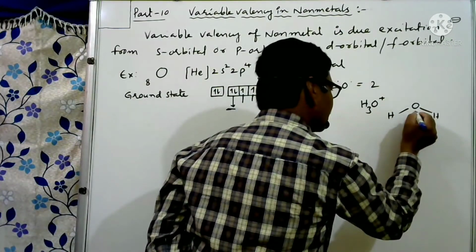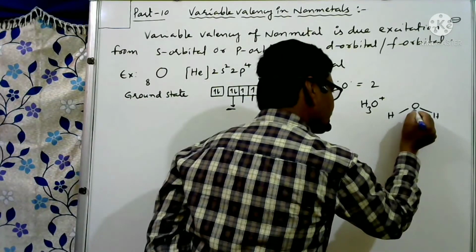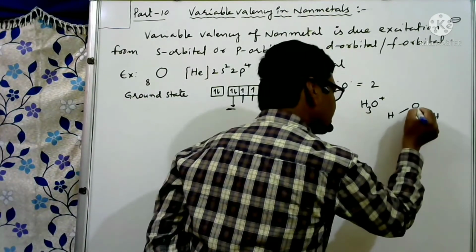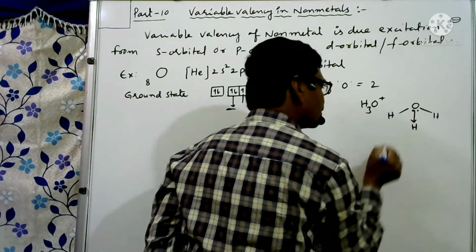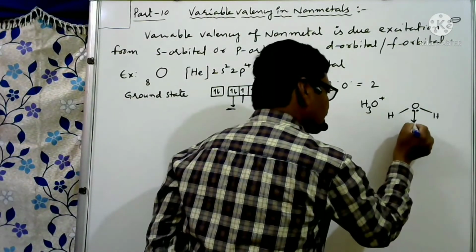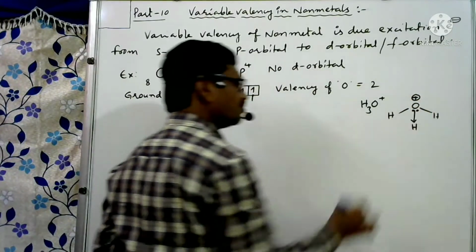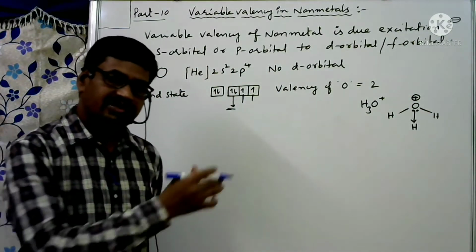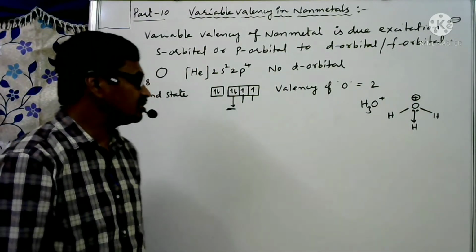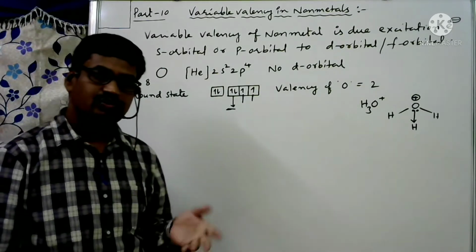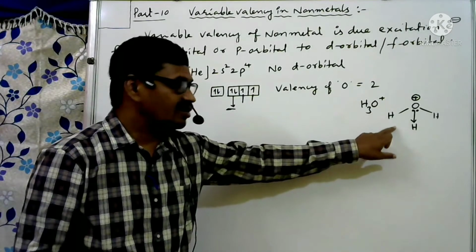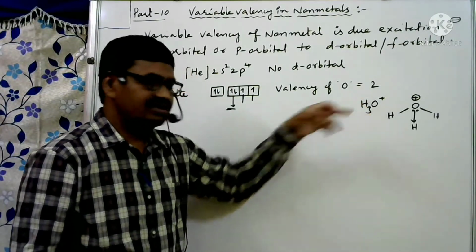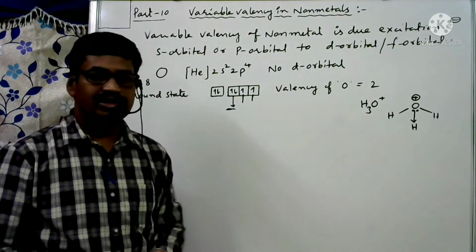One more hydrogen is bonded with oxygen by accepting electron pair from oxygen. Because of donating this electron pair, oxygen will take positive charge. So it is very unstable. So one more electron pair is not possible to participate in coordinate covalent bond. In this case it is 3. Oxygen valency is 3. In almost all the remaining cases it is 2 only.